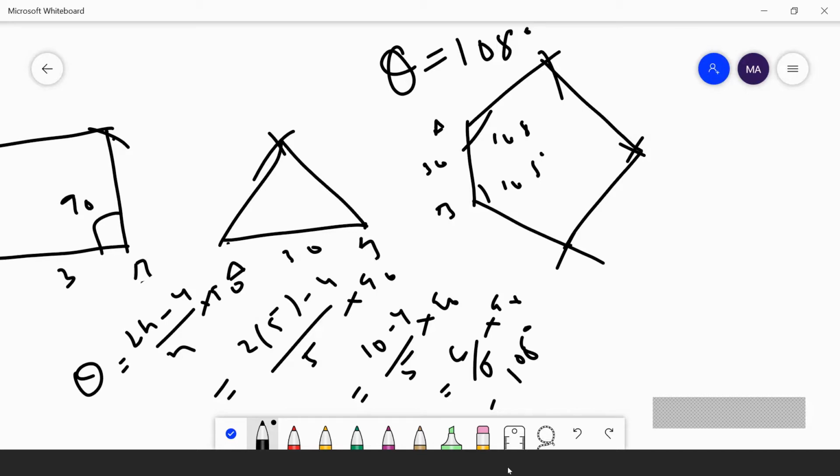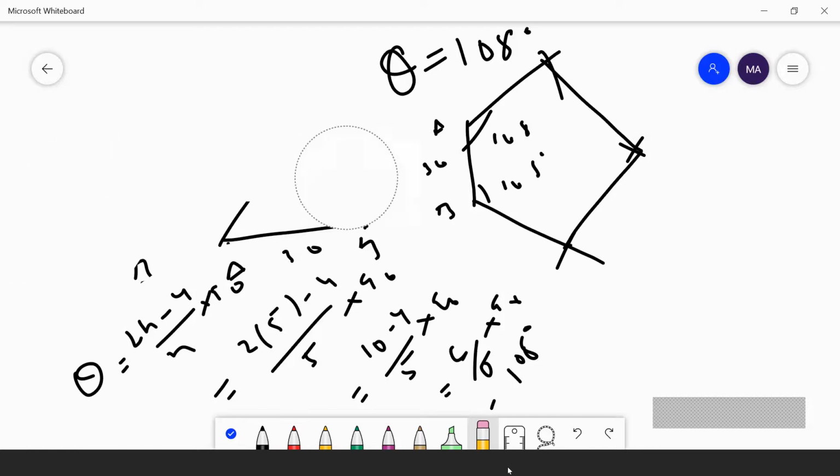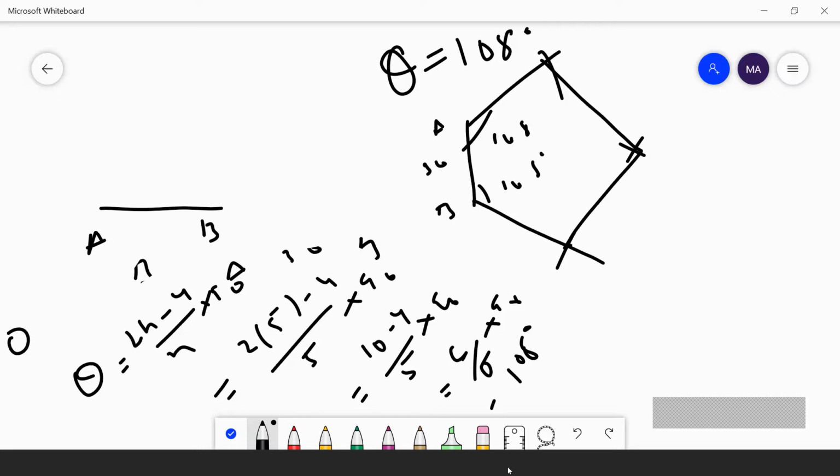Yes, sir. Okay, then you will draw the hexagon. We will consider a side AB as 30 mm. The angle of the hexagon is theta equals 120 degrees. So I am marking the angle 120 on this side and 120 on this side.